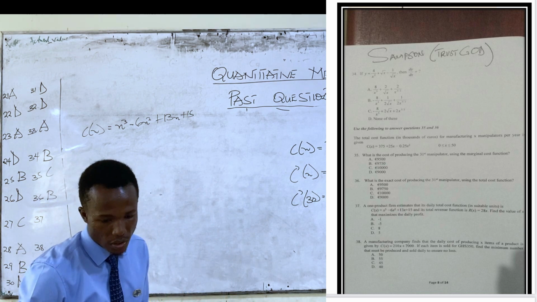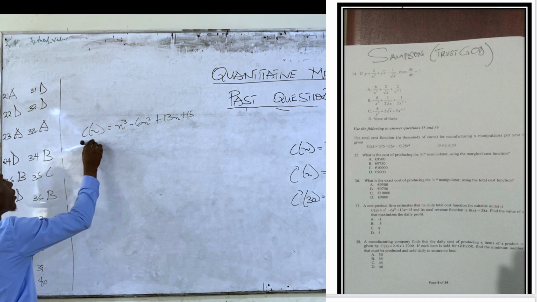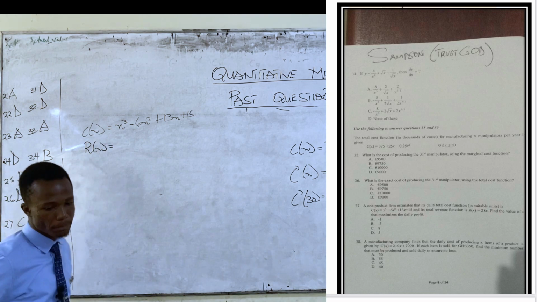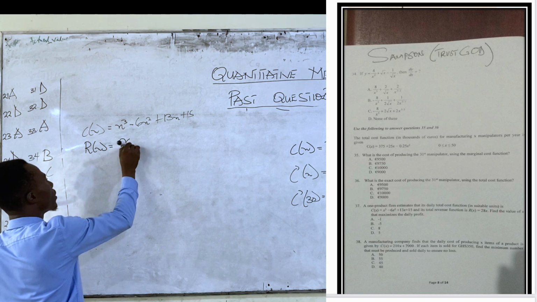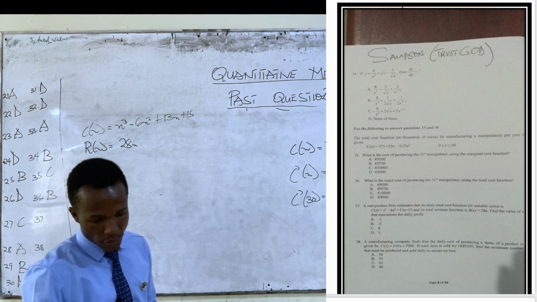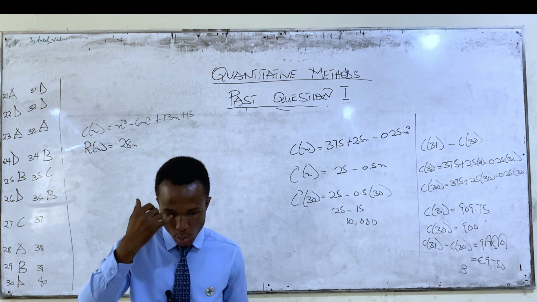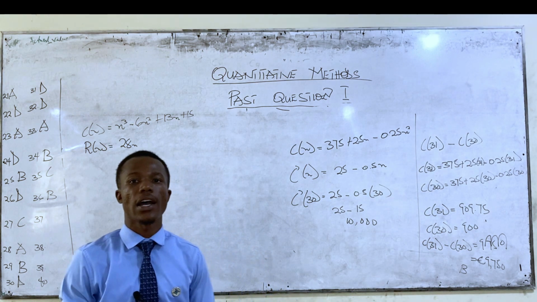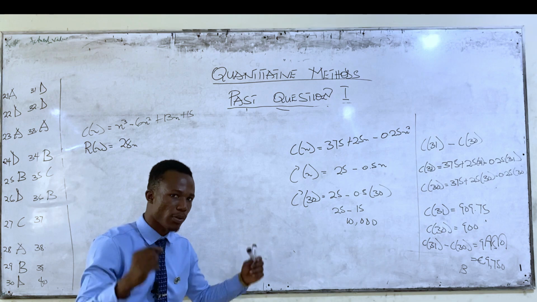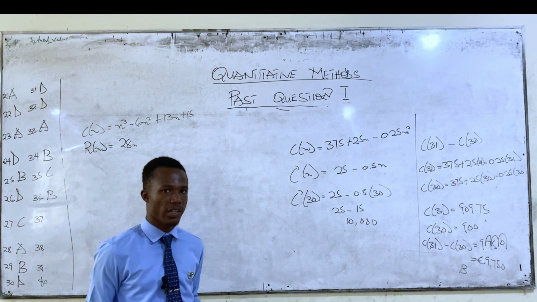Then we have the revenue function, which is 28x. What we are supposed to do is find the value of x that maximizes the daily profit. Now, listen to this very carefully.